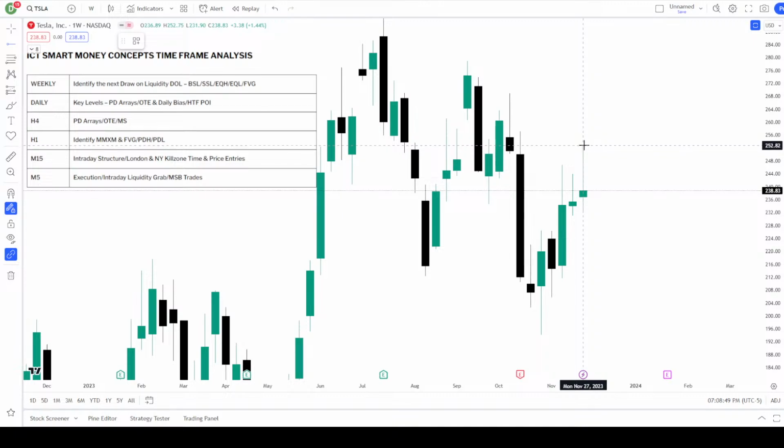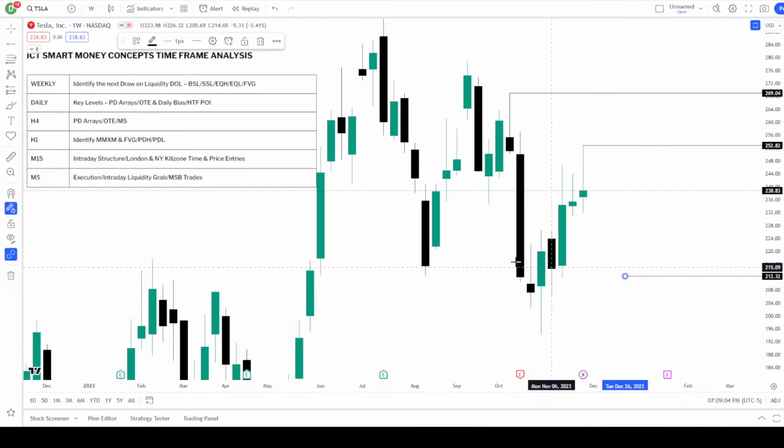So we're heading into a new week. Our most recent buy side liquidity is going to be here. And then we have above buy side liquidity here. And that's all I'm going to chart on the weekly as far as buy side goes. If we were to get above 269, we would start looking at additional buy side, but we're not there right now.